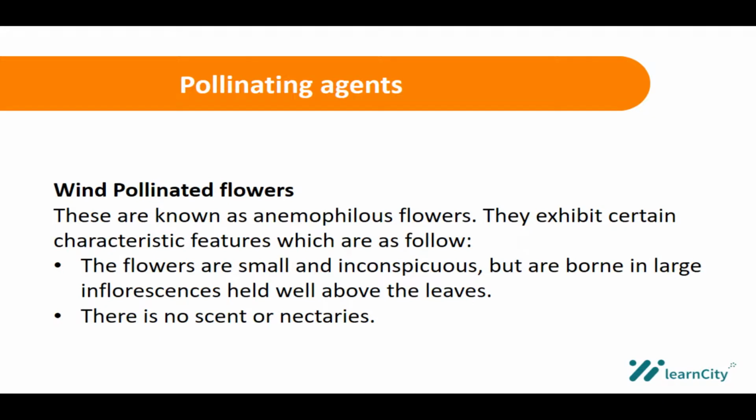Now let's talk about wind pollinated flowers. What are their characteristics? Flowers pollinated by wind are called anemophilous flowers. They exhibit some characteristic features. For example, wind pollinated flowers are usually small and inconspicuous.